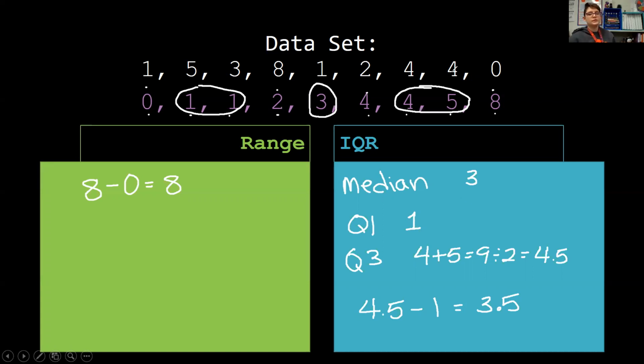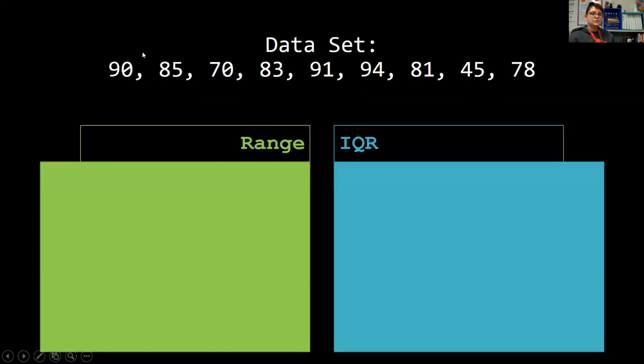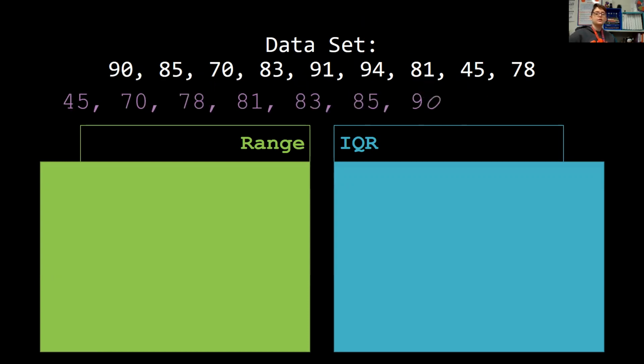Let's look at one more example. Again, this is similar to the one in the previous video where we have a selection of grades for a student. We're going to put these in order, again, from smallest to largest, so that we can find our range and our IQR. So again, the range is the largest number, 94, minus the smallest number, 45.